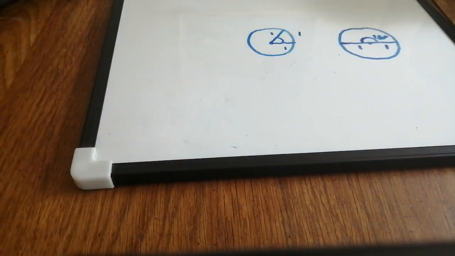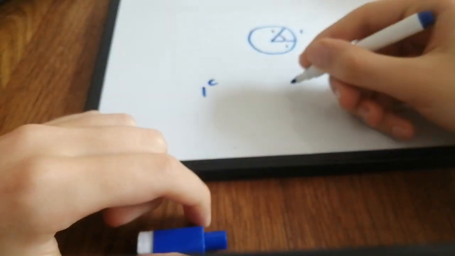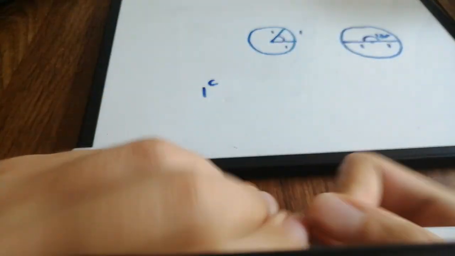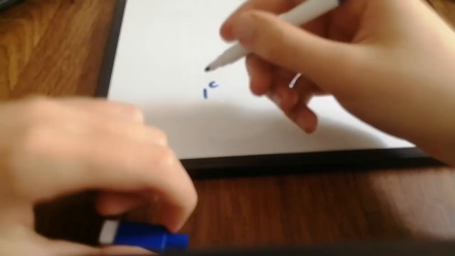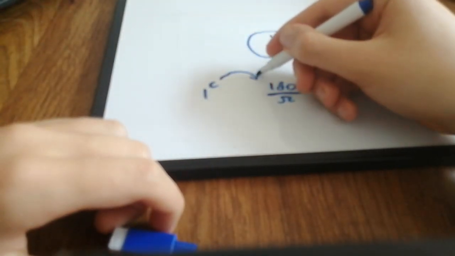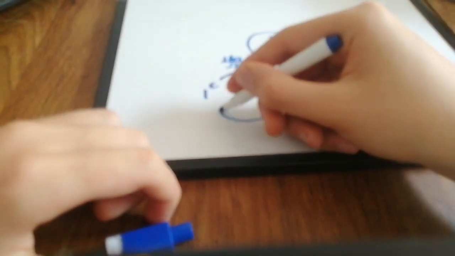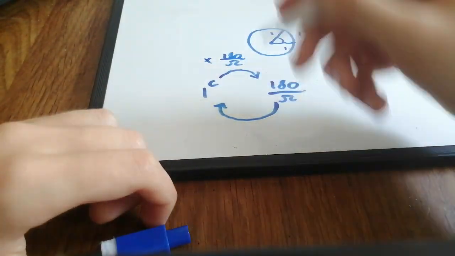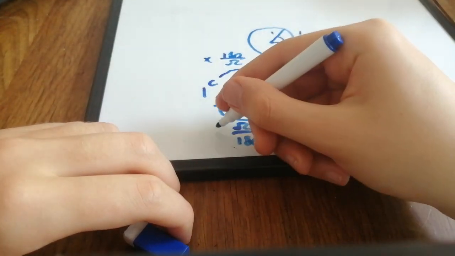So let's say we had 1 radian, which is equal to 180 over pi degrees. So to get from radians to degrees, we multiply by 180 over pi, and then to get from degrees to radians, we multiply by pi over 180.